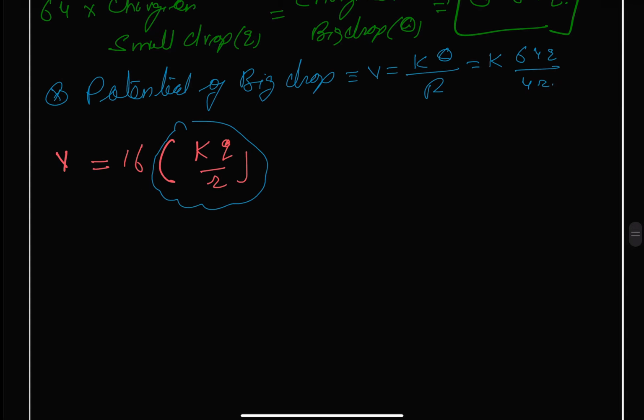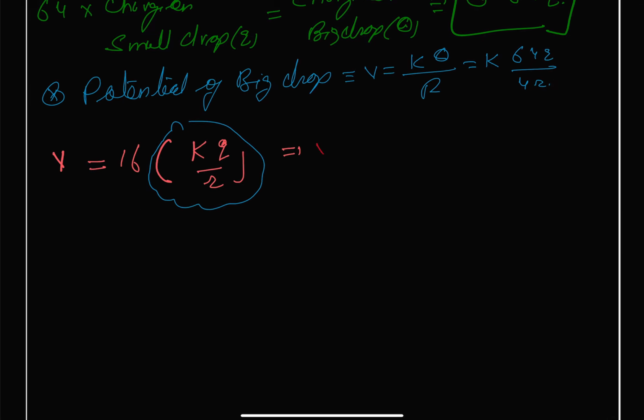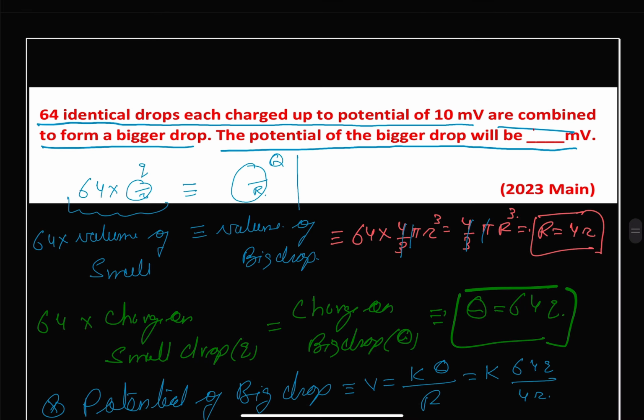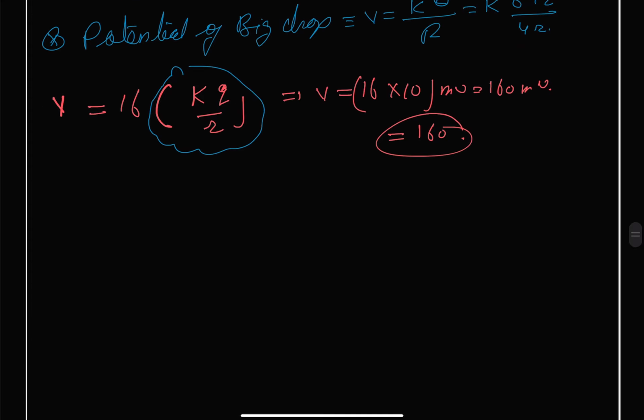So V is equal to 16 multiplied by 10 millivolt, which is 160 millivolt, and we get this as 160 because the unit is already present. And we have to remember this is the potential of the small drop.